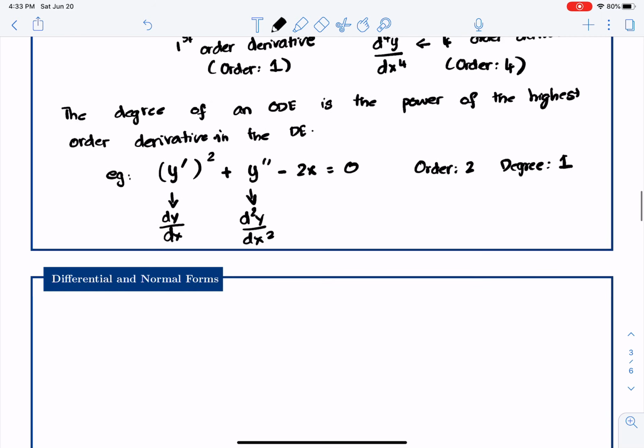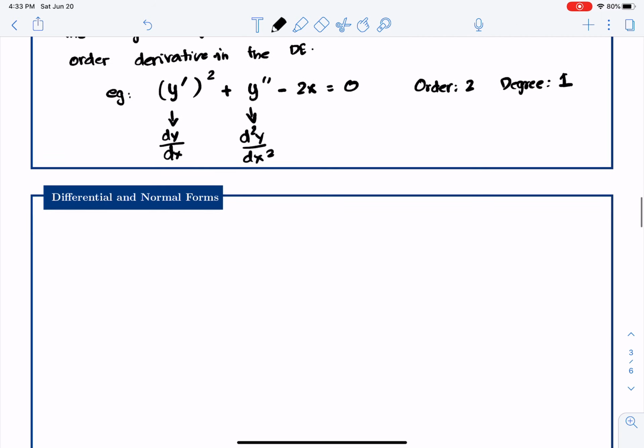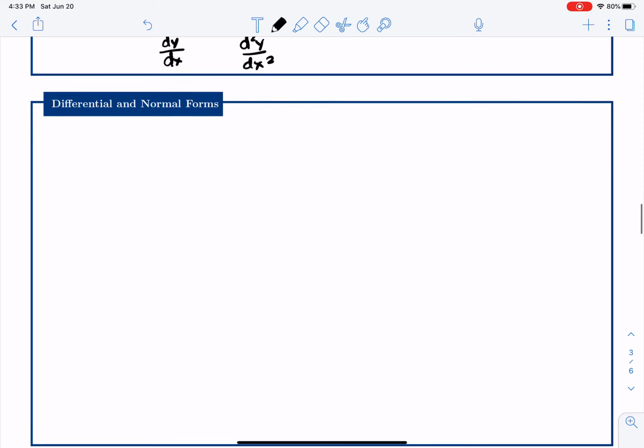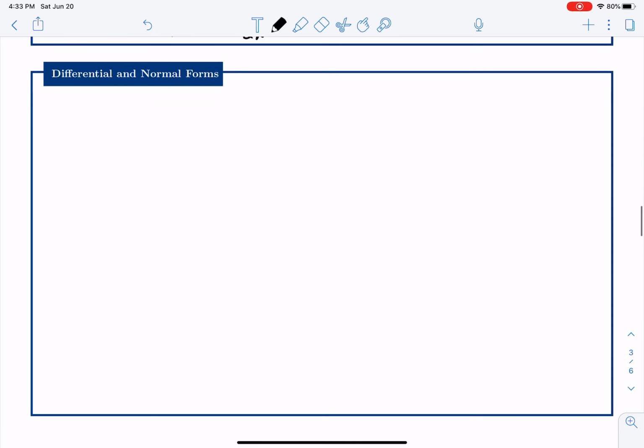So there are different ways to represent a differential equation. The first one is what we call a differential form. And a differential form is used for a first order differential equation.